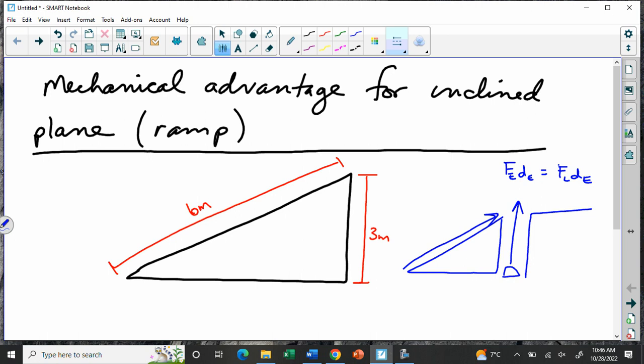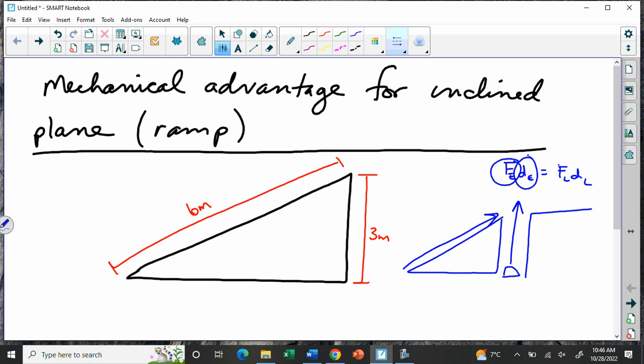So when we look at this here, I see I put an E there, and that should be an L. Let's fix that, load. Sorry. Okay, when we look at this, we see that there's a relationship. If you make the effort distance right here get bigger, then the effort force can get smaller without losing anything.